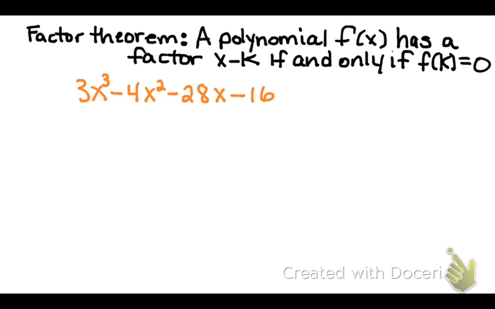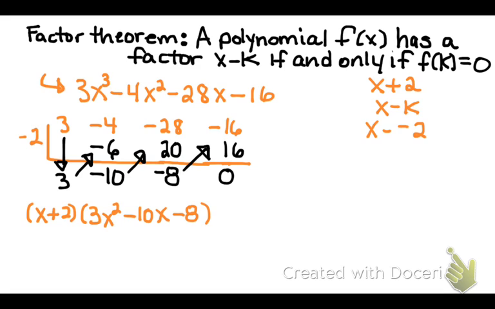So for instance, we're given this polynomial, and we're also told that one of the factors is x plus 2. So we can use synthetic division to factor. And I want to remind you that x minus k is the form, so it's really x minus a -2.